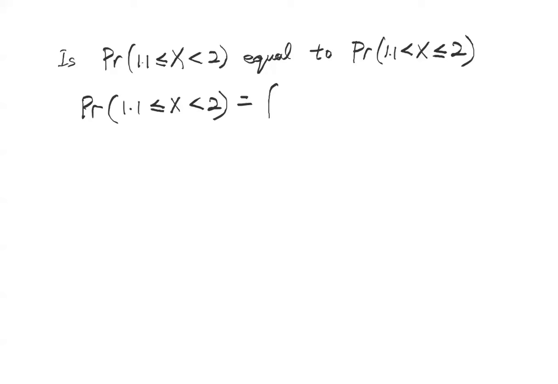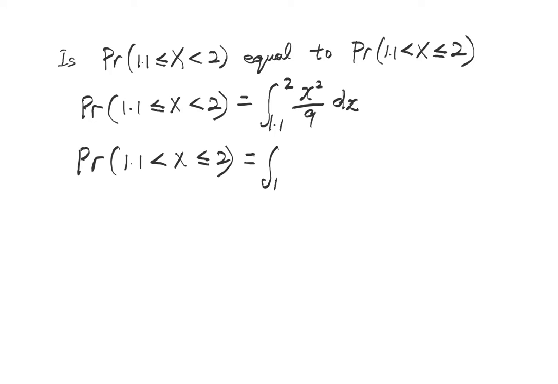If I write it as a definite integral, it will be the integral from 1.1 to 2 of x squared over 9 dx, correct? To find either one, I use the same integral.